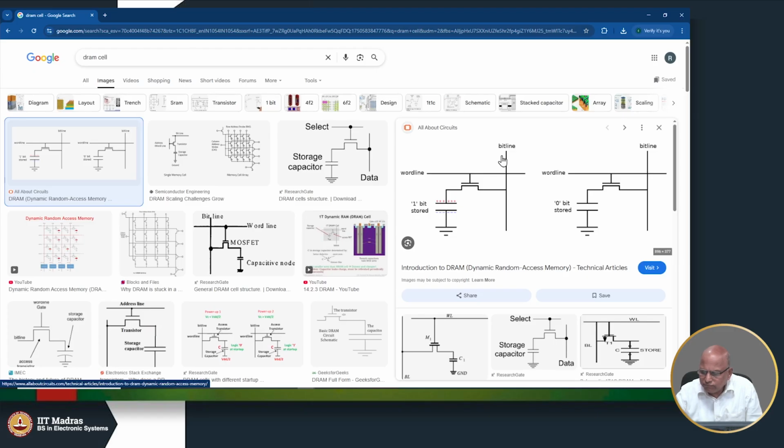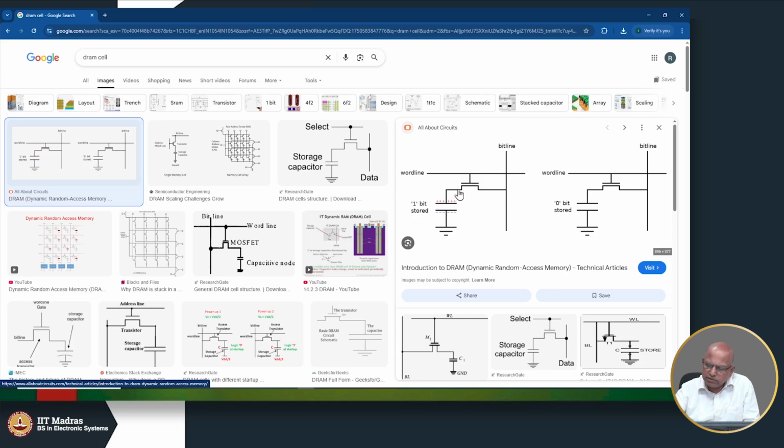And similarly, if the bit line is 0, then if there is a charge on this, it will get discharged. So that way it will store as 0. Lack of charge is a 0, whereas having some charge is like a 1. So it's very simple.